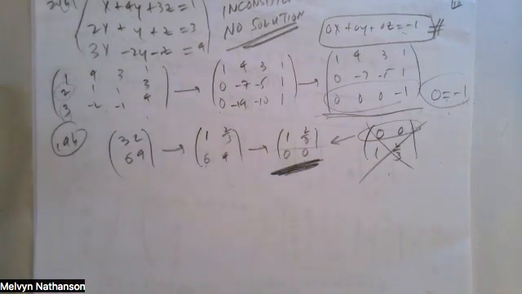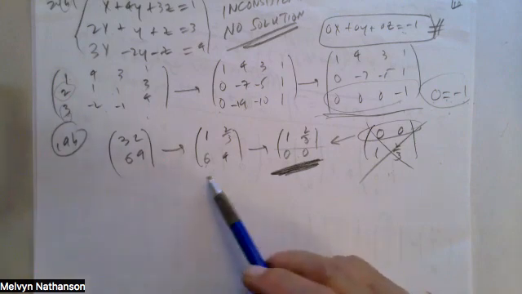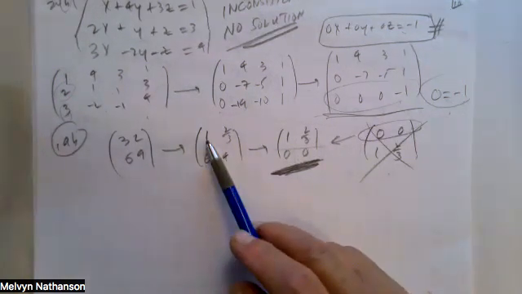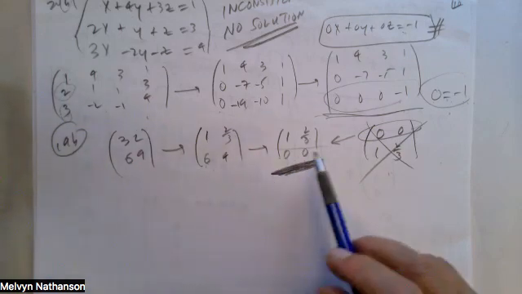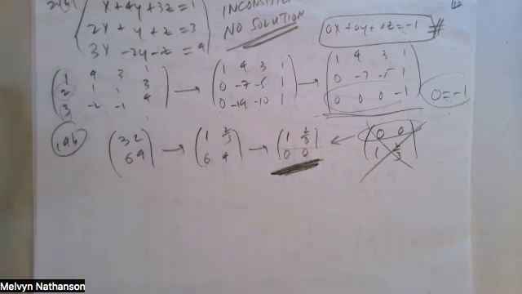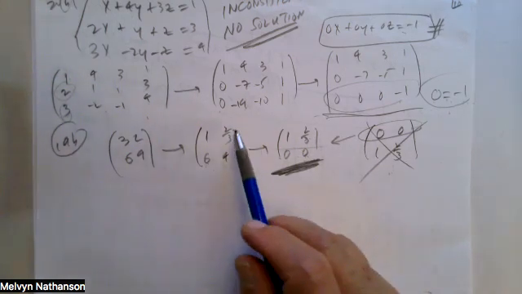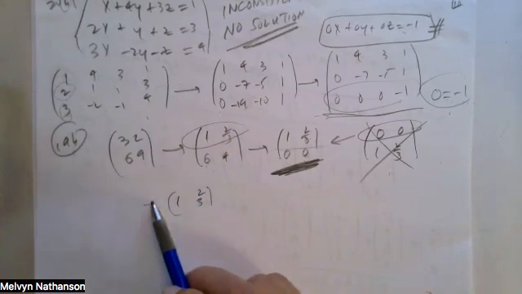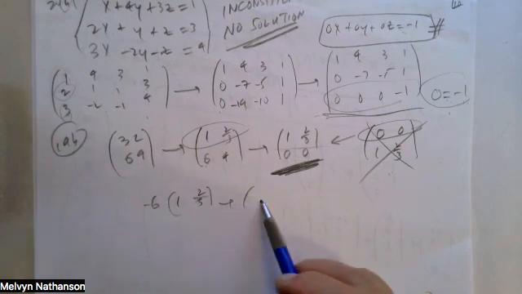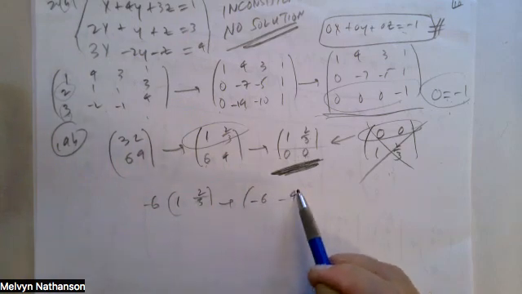How did you get 0, 0? Second row minus 6 times the first row. I wanted to get a 0 here, and when I do that, it just happens I get a 0 here as well. So you did 6 times the first row? If I take the first row 1, 2/3, and multiply it by minus 6, I get minus 6, minus 4.